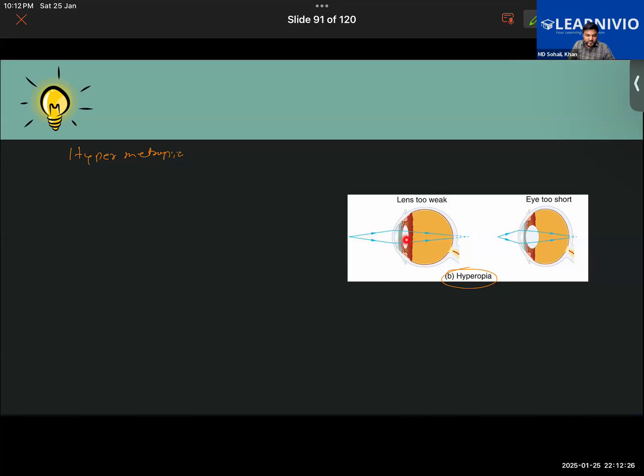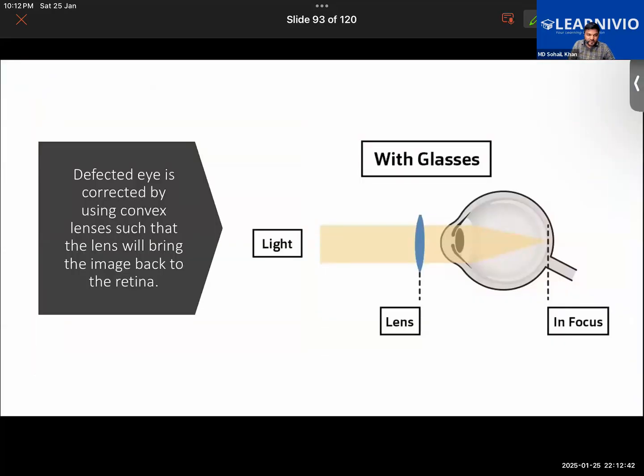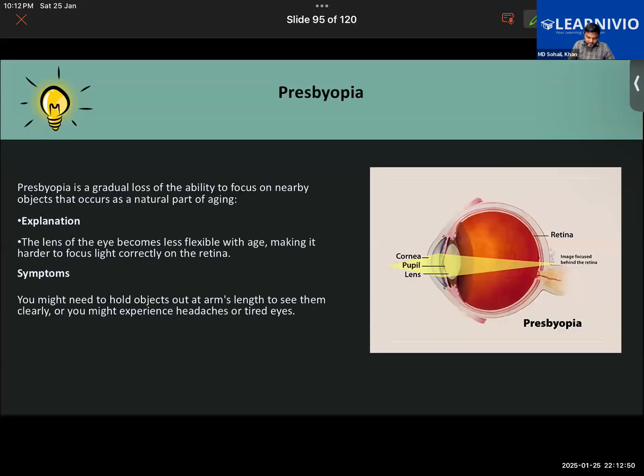Shouldn't we use a converging lens? To assist the eye lens further, we should be using a convex lens here, so that the rays of light can be focused onto the retina. So this is corrected with the help of a convex lens that will bring the image back onto the retina.